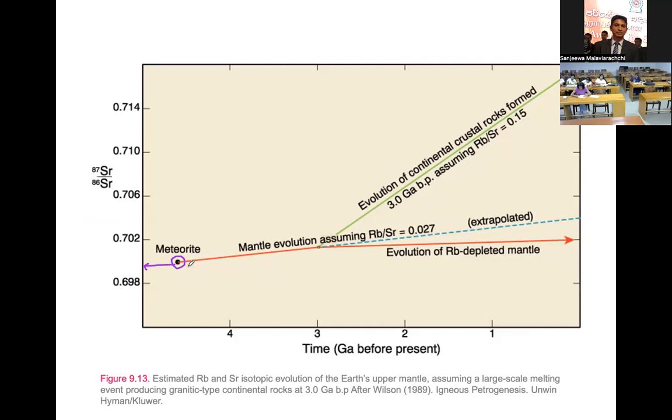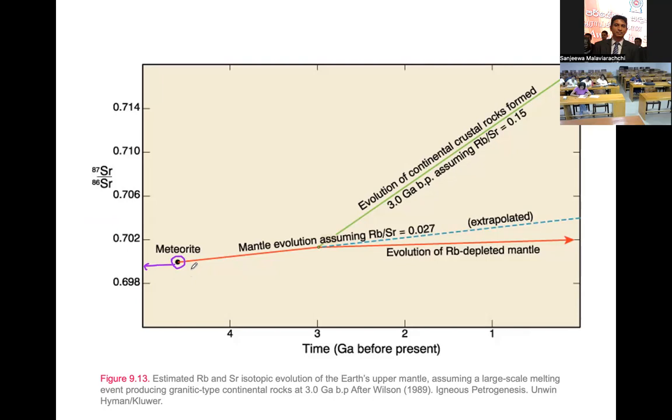So from there, what happened for the Earth? The Earth started with the bulk silicate composition at the very beginning, right? There was no crust, mantle, or core at the very beginning. I think you can well remember that.